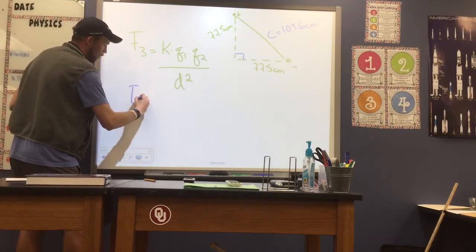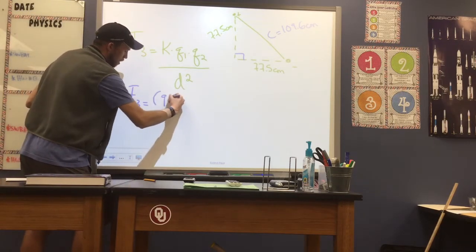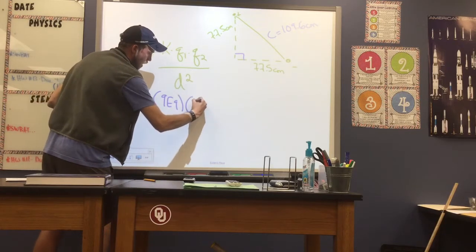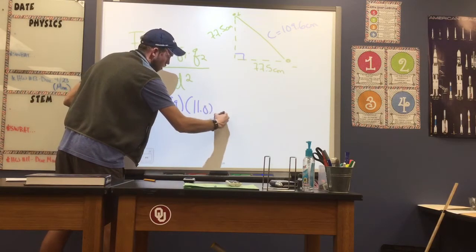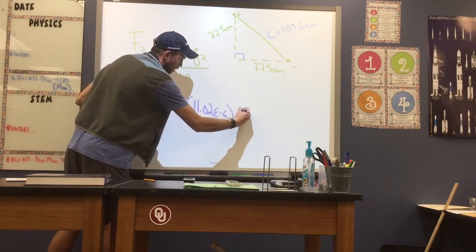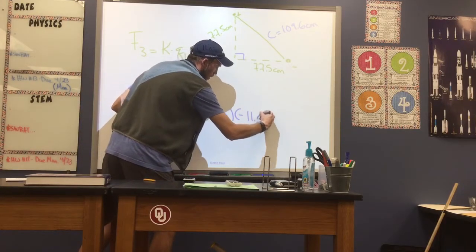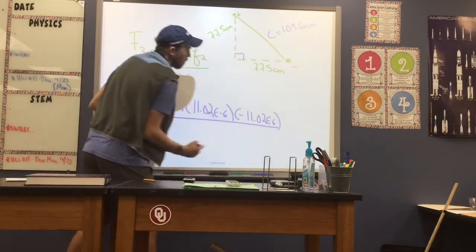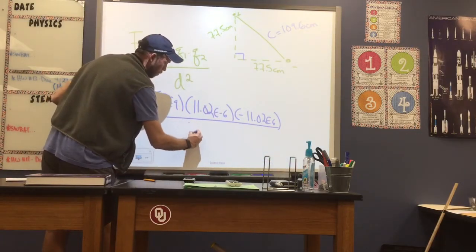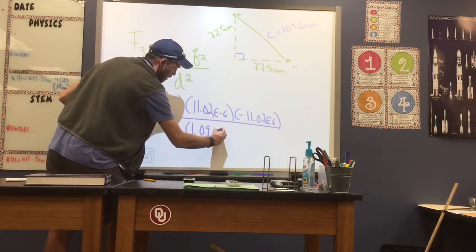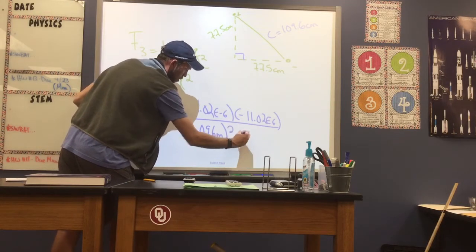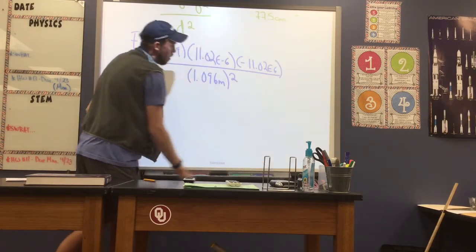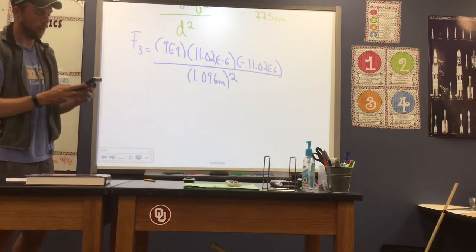So here we go. F3 is K, 9e to the 9th, times 11.02e to the negative 6th, times negative 11.02e to the negative 6th, divided by 109.6, which when we convert to meters is 1.096 meters squared. Okay, so we'll go ahead and plug in what we know to solve for F3.